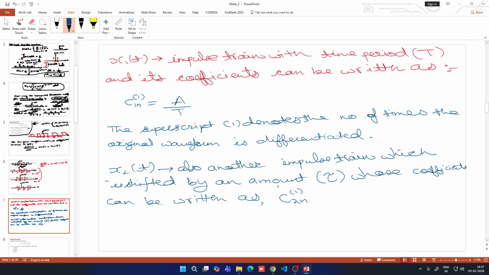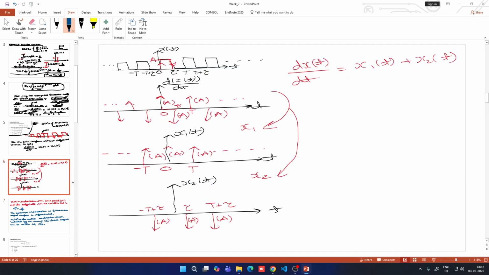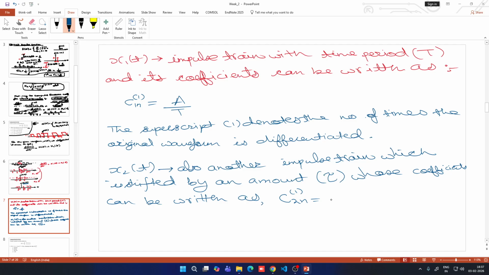This subscript 1 means the original waveform is differentiated only once. So I'm writing C1 of n, and since the amplitude was negative, A is in the negative direction for x2 of t, we will write it as minus A by tau. And now there is a shifting also.